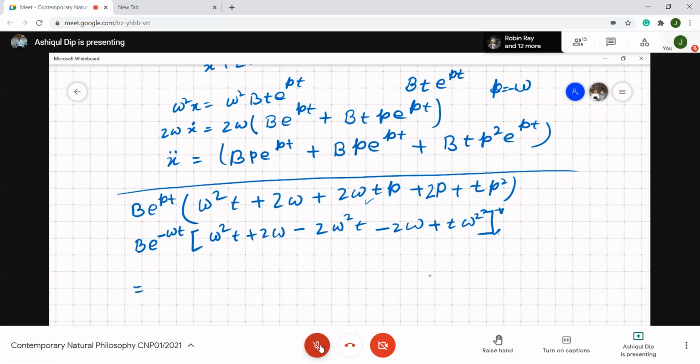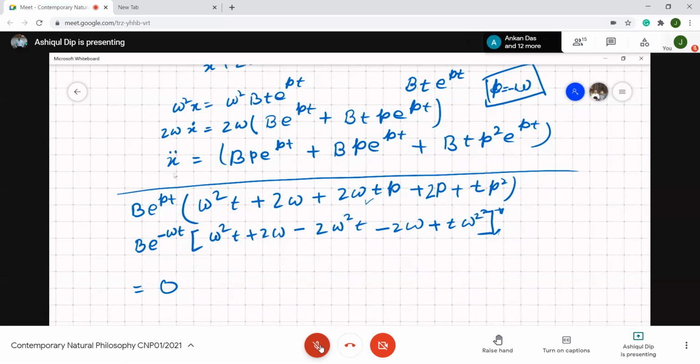So now it becomes 0. Yeah, this is the mistake I made. Sorry, I should have checked it earlier. Omega is the gamma, and for p we get p equals negative gamma, not positive one. So that's the mistake.